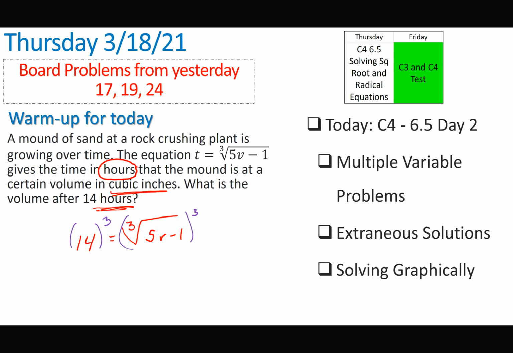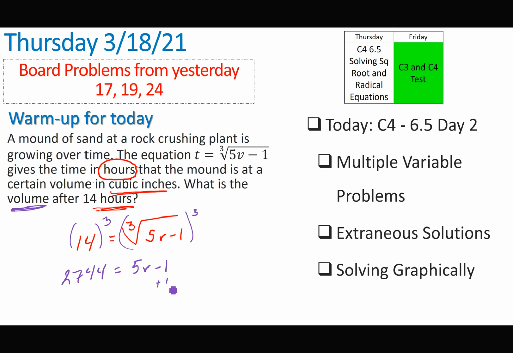So 14 cubed ends up being 2744 equals just 5v minus 1. And I'm trying to find the volume. It says, what is the volume? So I'm trying to solve for v.